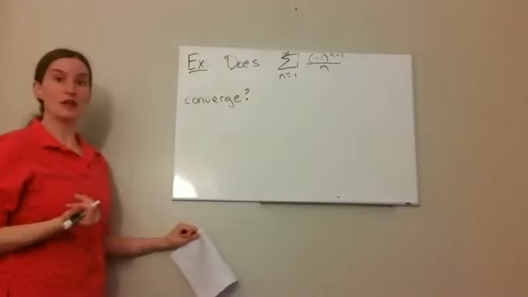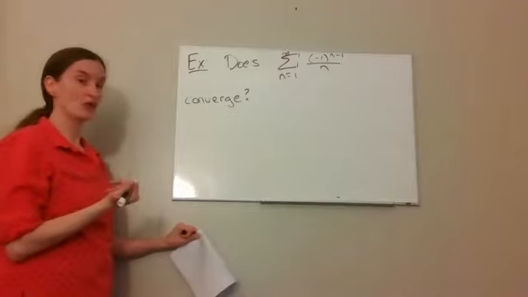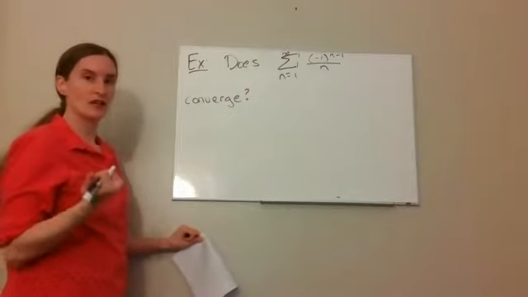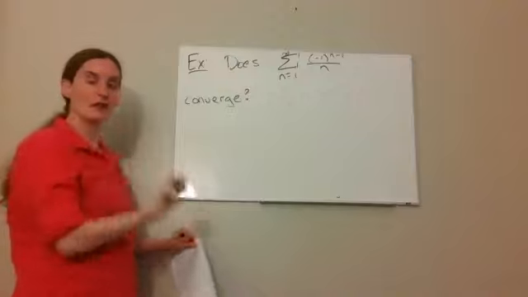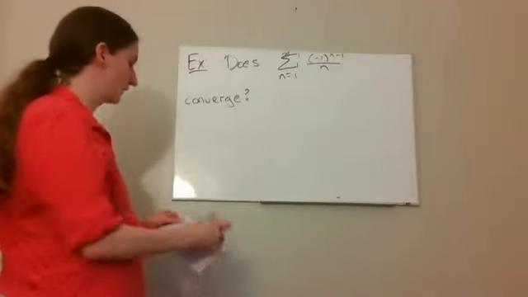Well, we know it's an alternating series because I have that -1 to a power. So all I have to do is check that the rest of the series is decreasing and that the limit goes to 0, and I'll have my answer.